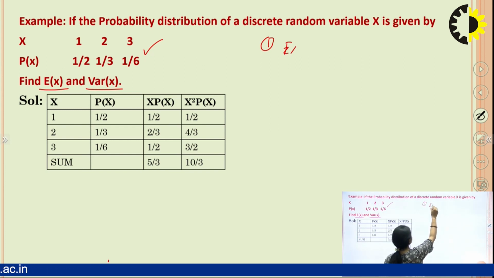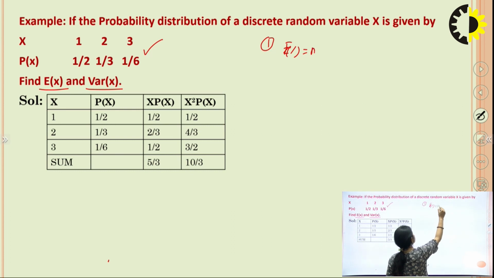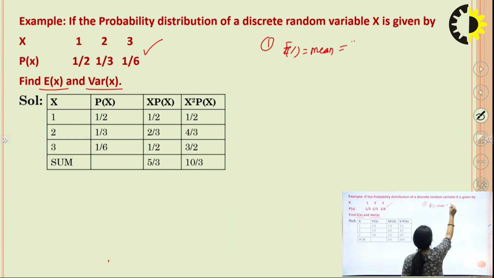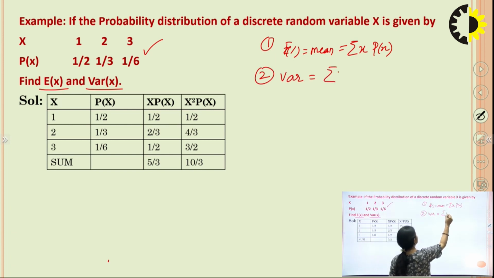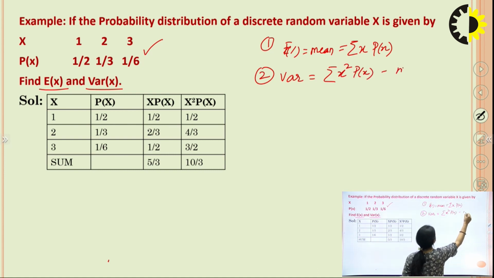We know that expected value is the mean of the probability distribution, which is equal to the sum of x into probability. The second is the formula for variance, which is equal to the summation of x square into probability minus mean raised to the power 2.